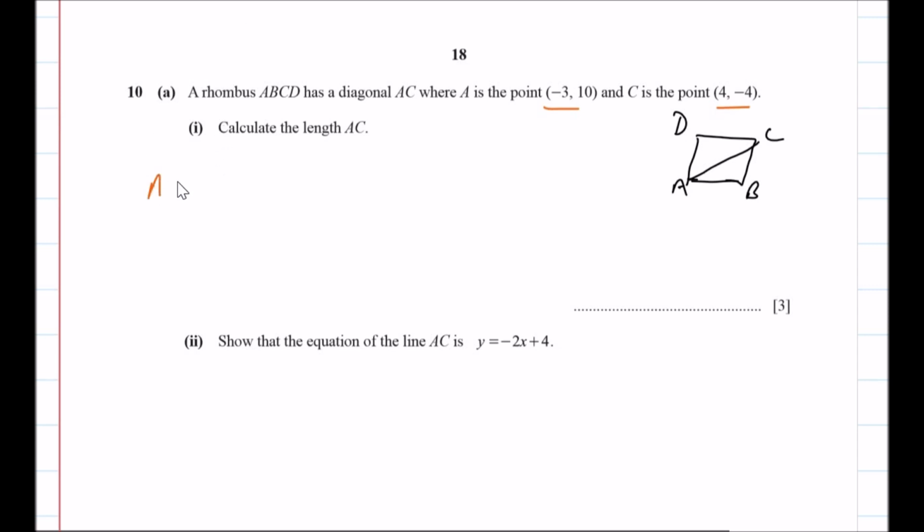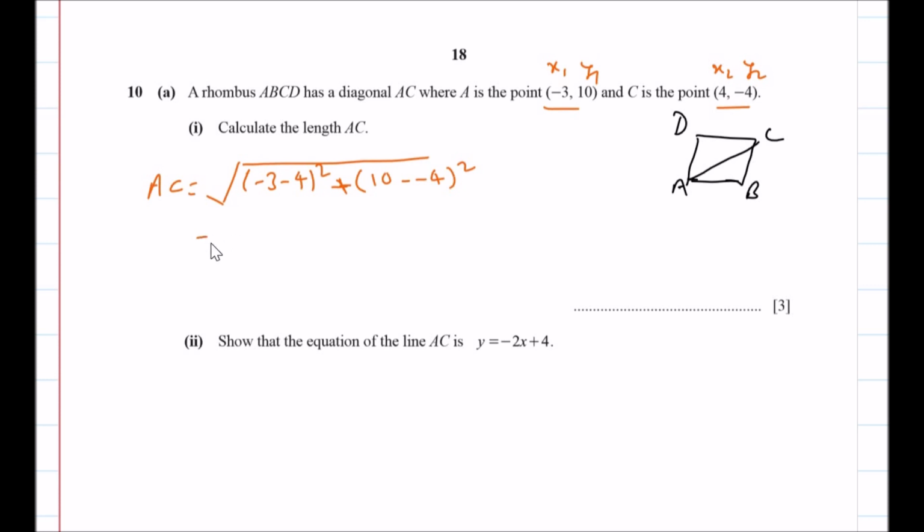So AC equal to root under, we know the distance formula is x1 minus x2 whole square plus y1 minus y2 whole square under root. So if I take this one as x1, this as y1, this as x2, this as y2, x1 minus x2 means minus 3 minus 4 square plus y1 minus y2, so 10 minus minus 4 whole square.